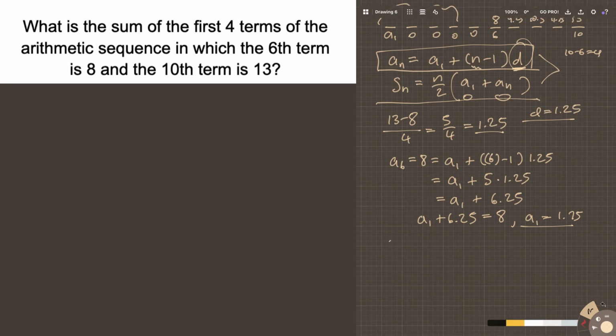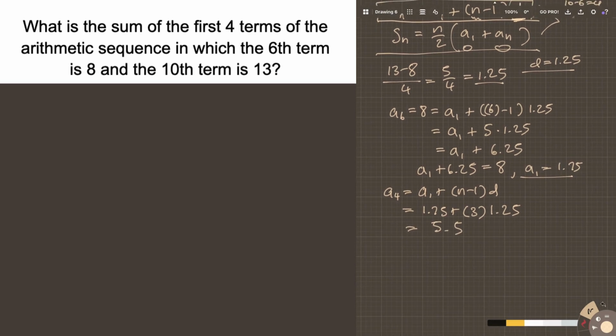So we know that a of 4 is equal to a of 1 plus n minus 1 times d, which is equal to 1.75 plus 3 times 1.25. Again, I would take out my calculator here for this. So 1.75 plus 3 times 1.25 is equal to 5.5. Cool. So lastly, now we'll have to find the sum, right?